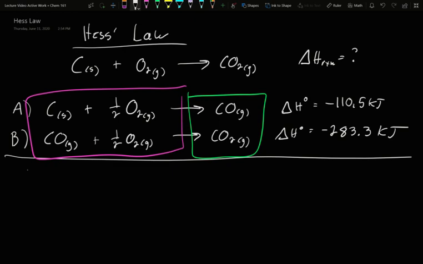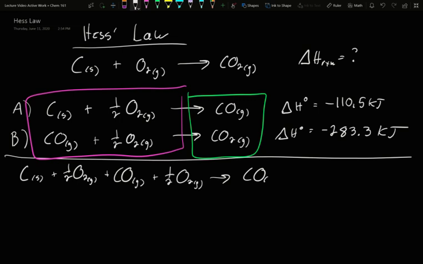List them as such. Carbon solid plus 1/2 O2 gas plus CO gas plus another half O2 gas. That is our left side. We have merely combined these two equations. On the right, CO gas plus CO2 gas.